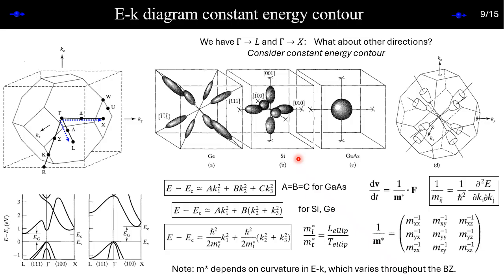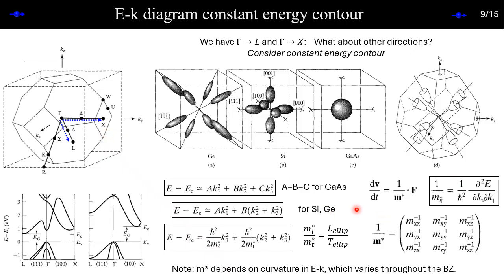Now in silicon, this is very important: note that these ellipsoids are oriented along these directions, what we call x. These directions also represent the Fourier transform of x, y, and z.